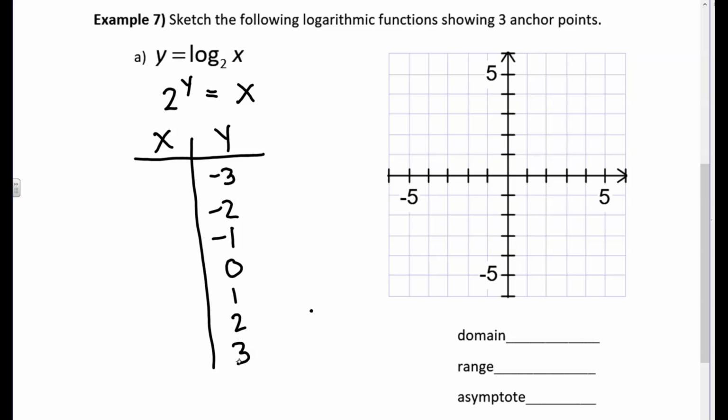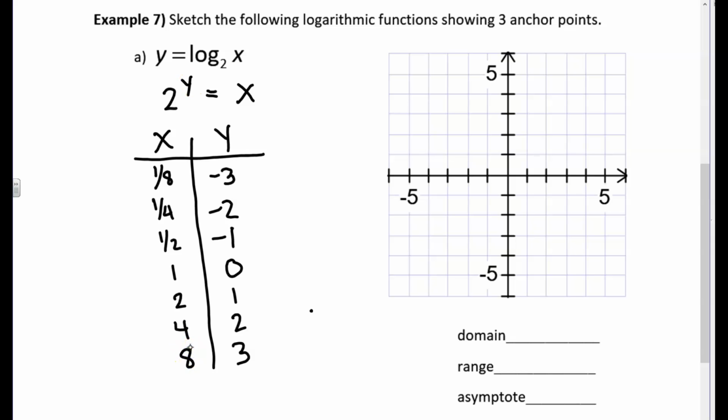Okay, so if I do 2 to the -3, I get 1/8. 2 to the -2 gets me 1/4. 2 to the -1 gets me 1/2. 2 to the 0 gets me 1. 2 to the 1 gets me 2. 2 to the 2 gets me 4. And 2 cubed gets me 8.